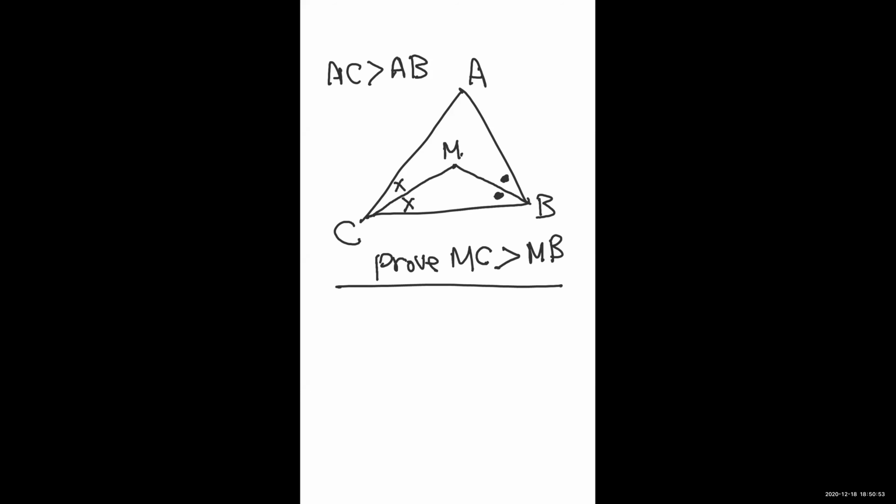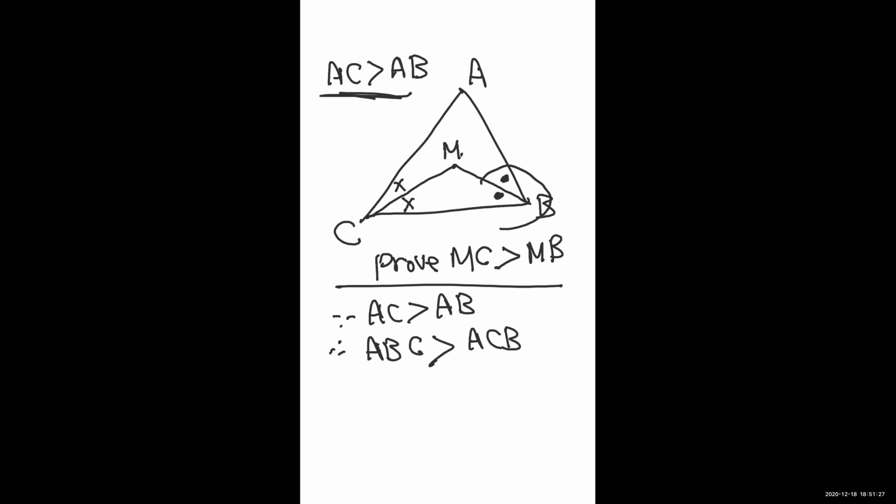How to solve this one? Guys, first, it's a given that AC is greater than AB. What is the angle opposite to AC? It's ABC. So the angle ABC is greater than the angle ACB, right? Yeah. Great.